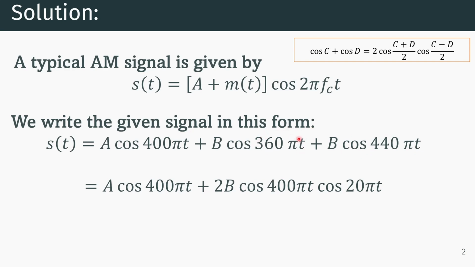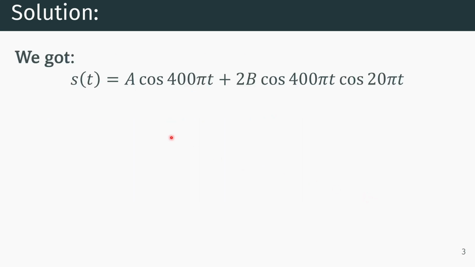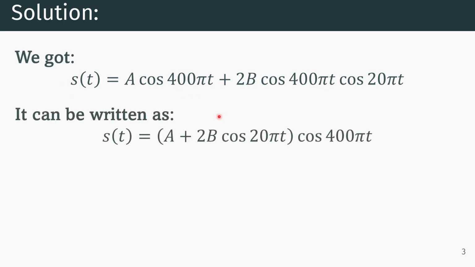Here C is 360πt and D is 440πt, and by using this identity we get A cos 400πt + 2B cos 400πt cos 20πt. So we have S(t) in this format, and taking cos 400πt common, we get [A + 2B cos 20πt] cos 400πt.